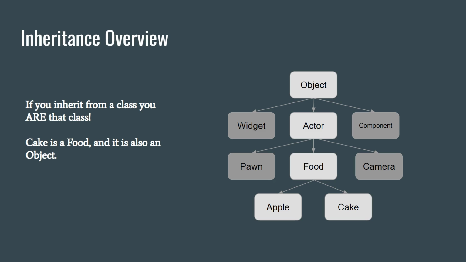One thing worth noting is that if you inherit from a class, you are considered to be that class. So for example, in this graph here, if you are a cake, then you can say that you are a food and you are also an object, because a cake is a food, but it is also an object. So when you inherit from something, a good way to think about it is saying, okay, I am that object type.